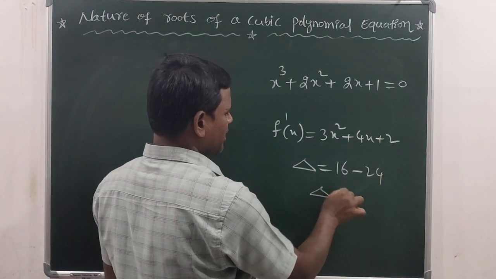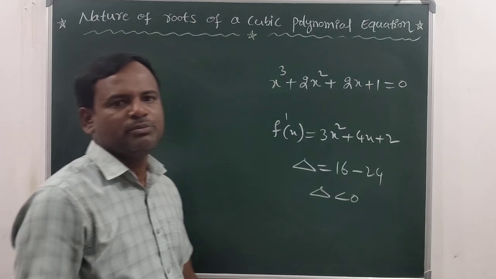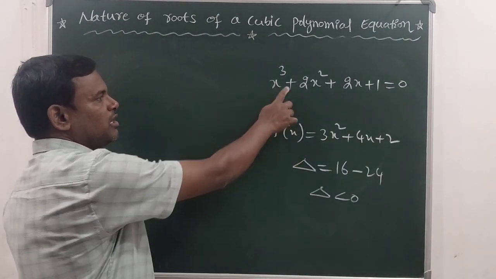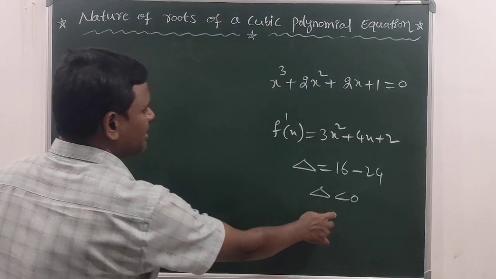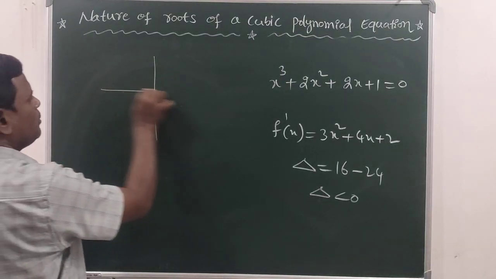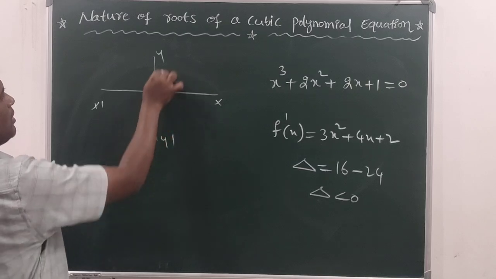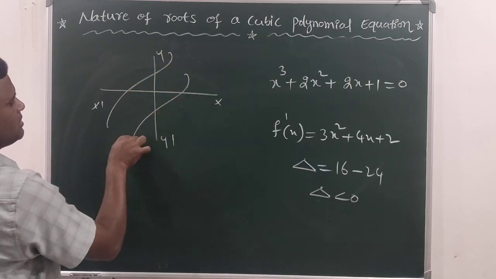You are getting the discriminant negative for the first derivative. So how do you get its graph? As I said to you, when delta is less than 0, you get the graph either like this or like this.